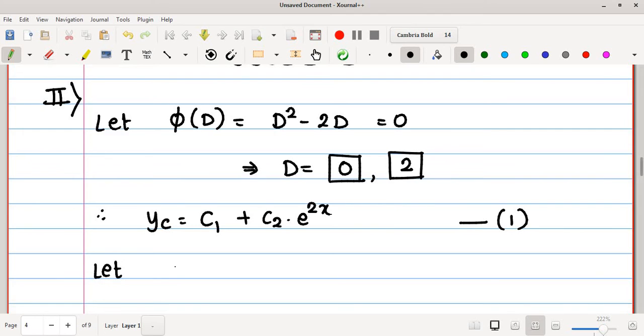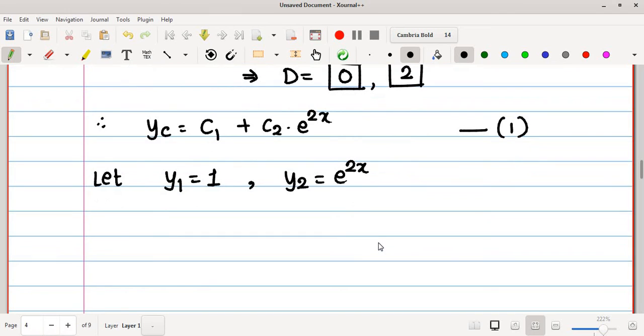Now we consider y1 is equal to 1 and y2 is equal to e raised to 2x, so that we can find the required value of the Wronskian. Therefore, for y1 and y2, the Wronskian W is the determinant of y1, its derivative, y2 and its derivative.